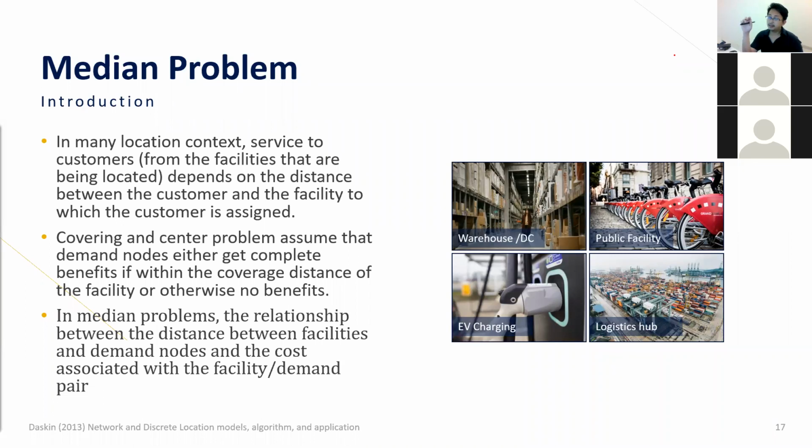For example, if you have a problem of locating, let's say, a warehouse or distribution center, we focus on, if I want to allocate the warehouse at some location, the important factor we consider is perhaps how far the distance is from the warehouse that I locate to the customers in the surrounding area.